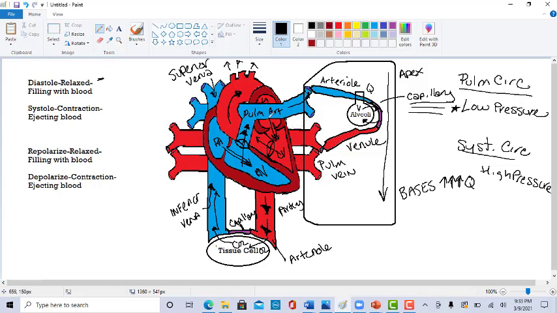So this is just kind of showing you the way that the pulmonary circulation and the systemic circulation are separate, and they have kind of this opposite effect, with the pulmonary artery being deoxygenated where the aortic artery is oxygenated, and the pulmonary vein is oxygenated, whereas the superior and inferior vena cava is deoxygenated.